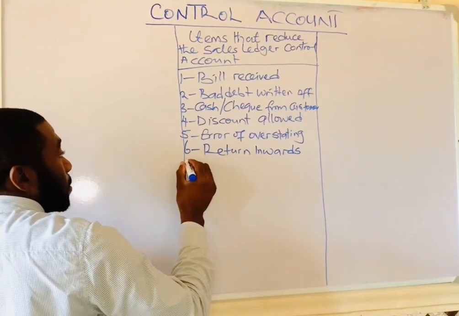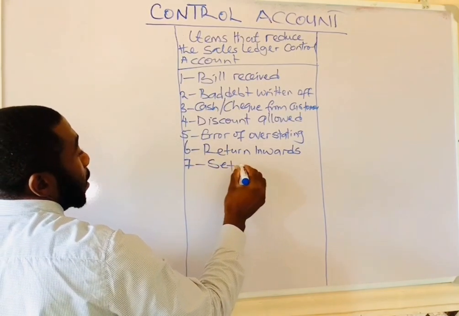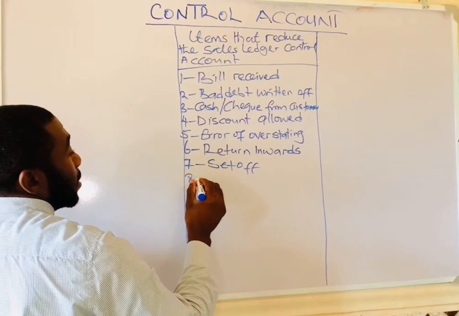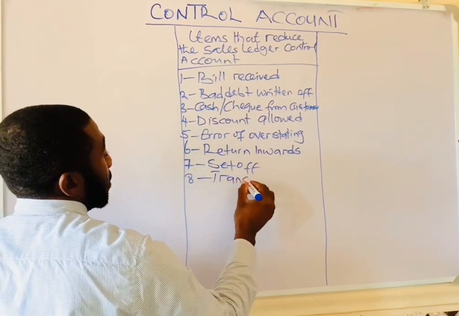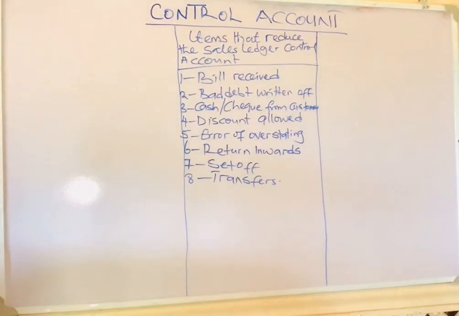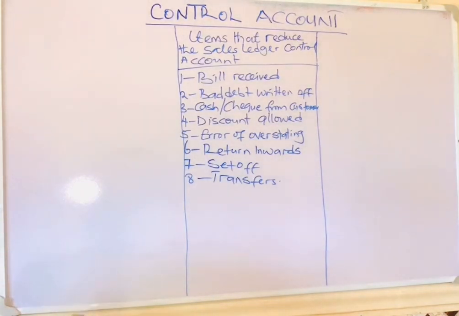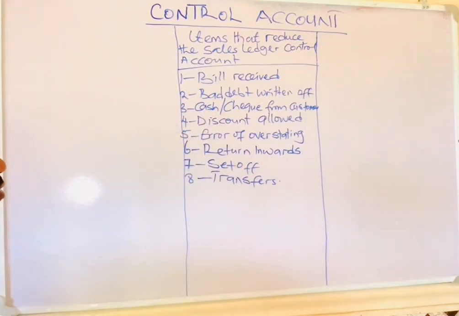Number seven, set off. And number eight, transfers. So these are items that reduce the balance of the sales ledger control account.